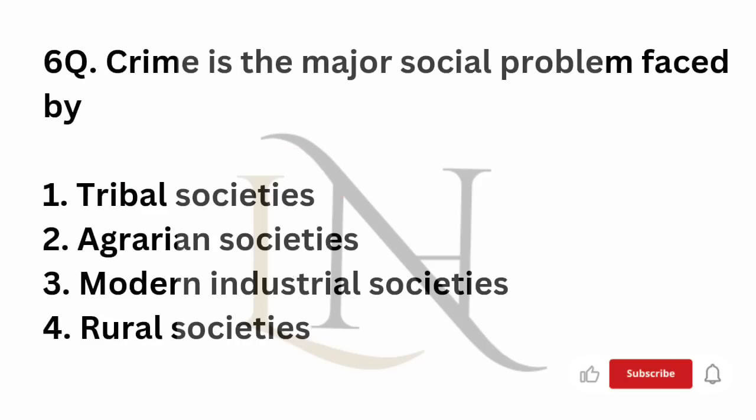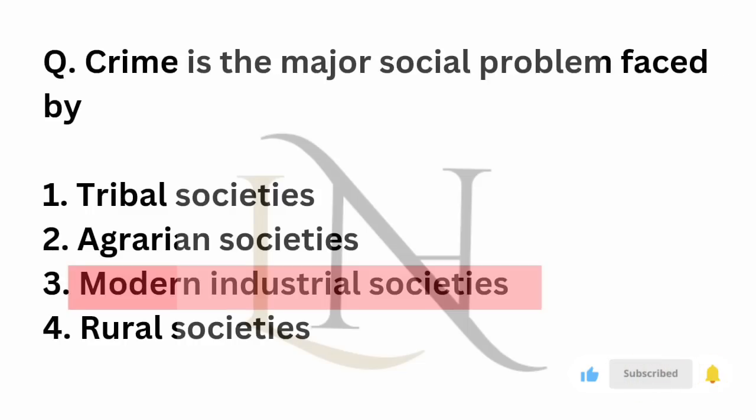Crime is the major social problem faced by option 1 tribal societies, option 2 agrarian societies, option 3 modern industrial societies, option 4 rural societies. Answer is option 3, modern industrial societies is correct.